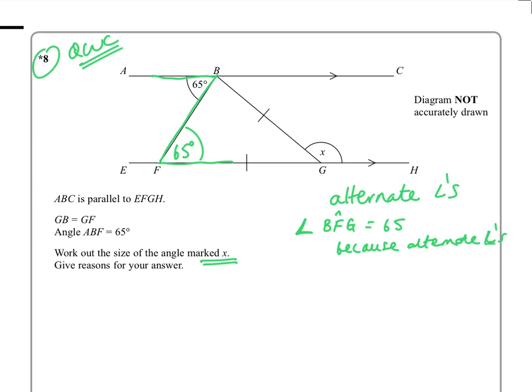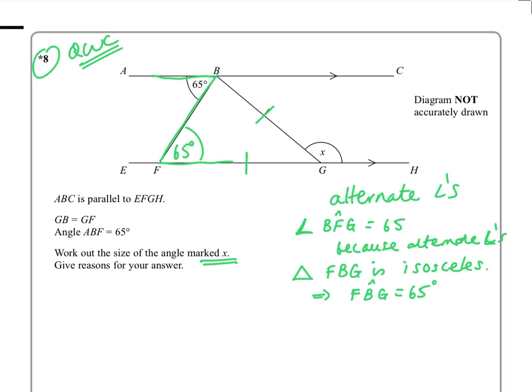Then also triangle FBG is isosceles because it's marked as given. So therefore we know that angle FBG is 65 because of the base angles of an isosceles triangle.